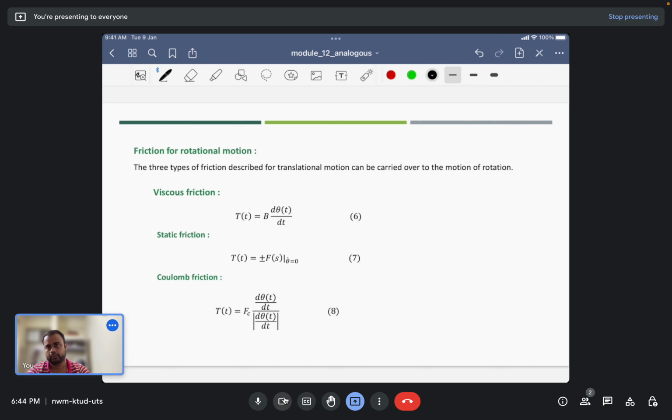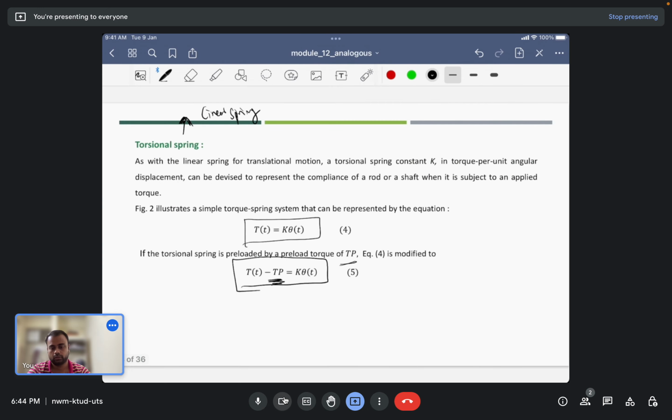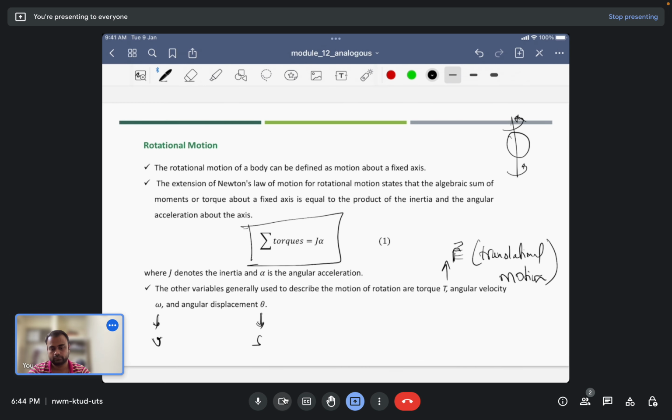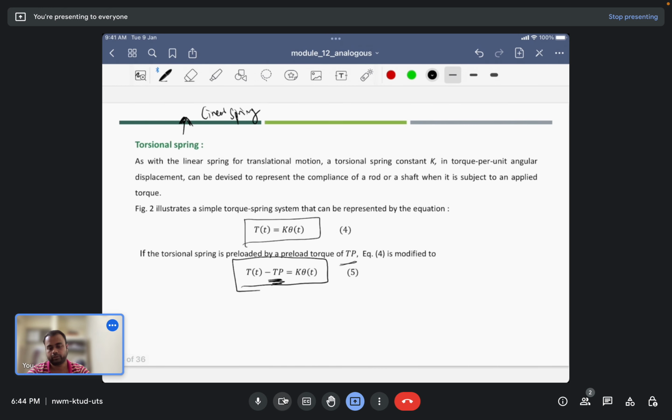Now again in this case we'll have frictions affecting the rotation. The same three frictions models are available here. The viscous friction is given as tau of t is equal to p times the change in angular displacement per unit time.